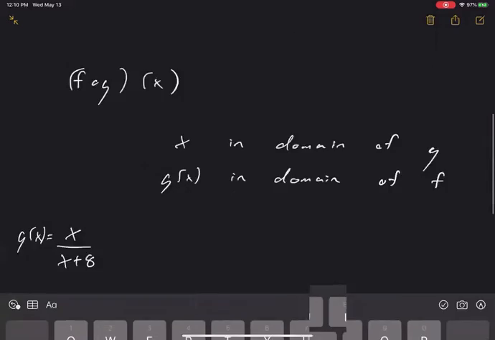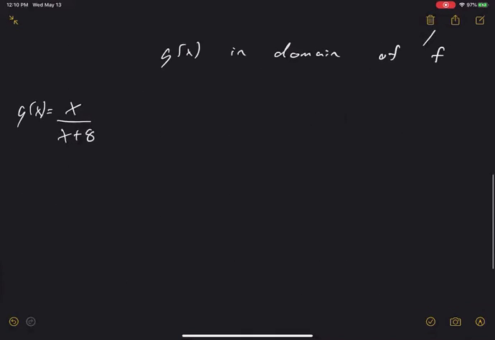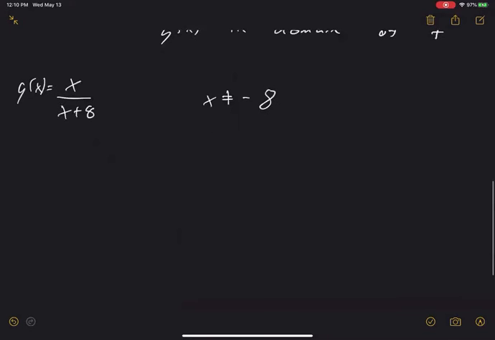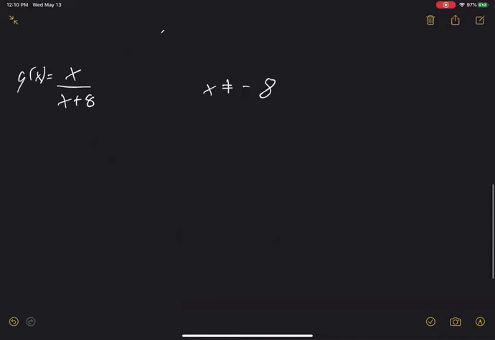Domain of g would be everything except negative 8. So let's say x does not equal negative 8. And then we need g of x to be in the domain of f. Remember, f of x equals 8 over x. So first of all, what is the domain of f? It's everything except 0, right? We can't have x equals 0.